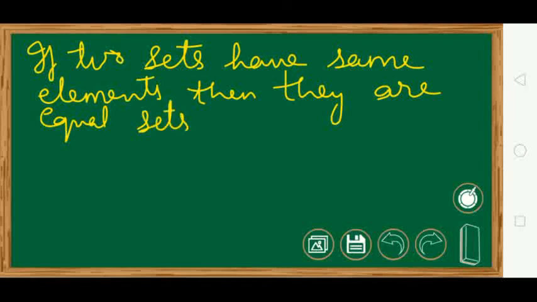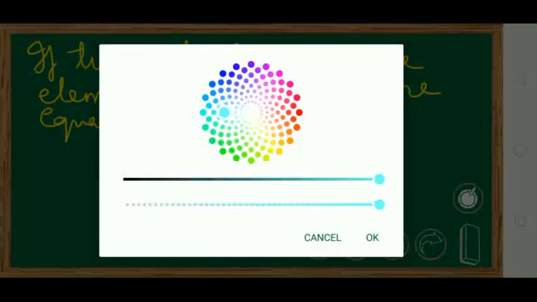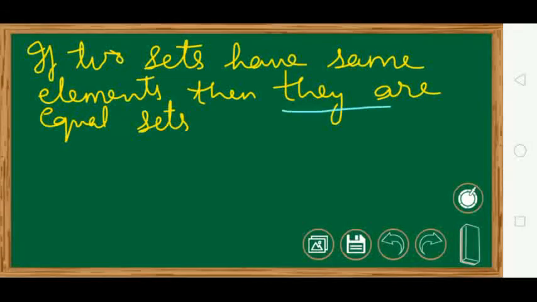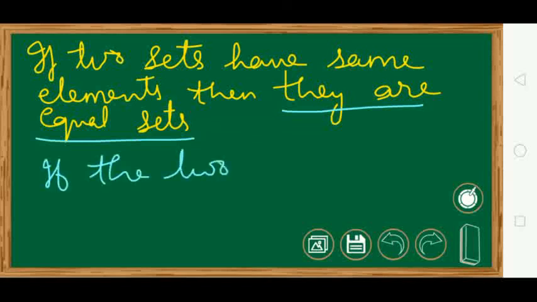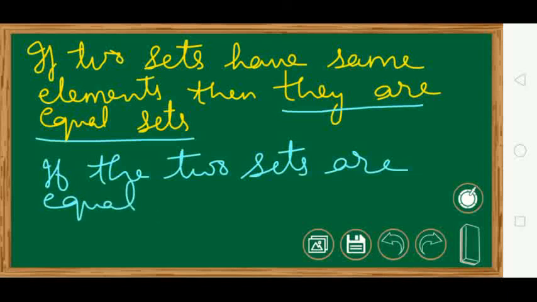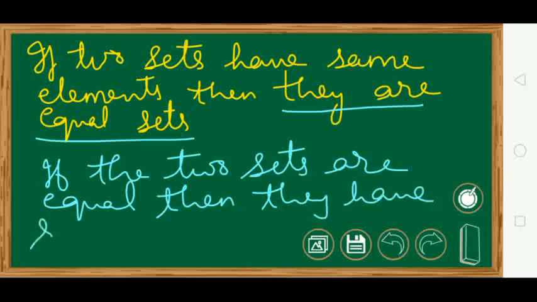Now what we have to do, I told you in converse, we have to exactly change. Now after then this is there, so now this will come to if. So we will write like this: if the two sets are equal, then they have the same elements. Okay, this is the converse.